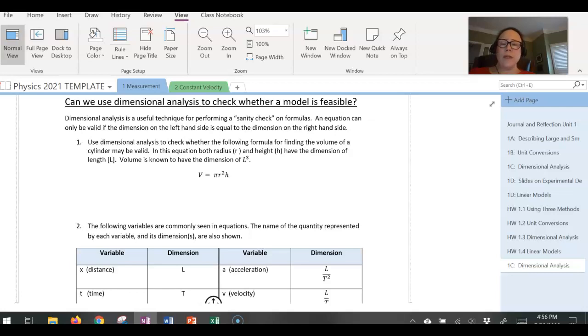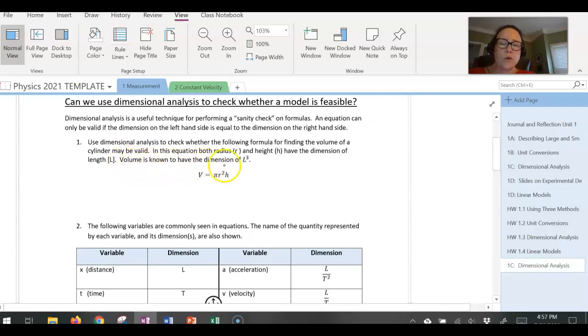We're going to do dimensional analysis, and the first step is to replace each of these variables with its dimension. Now, in the wording of this problem, it's giving me the dimensions.